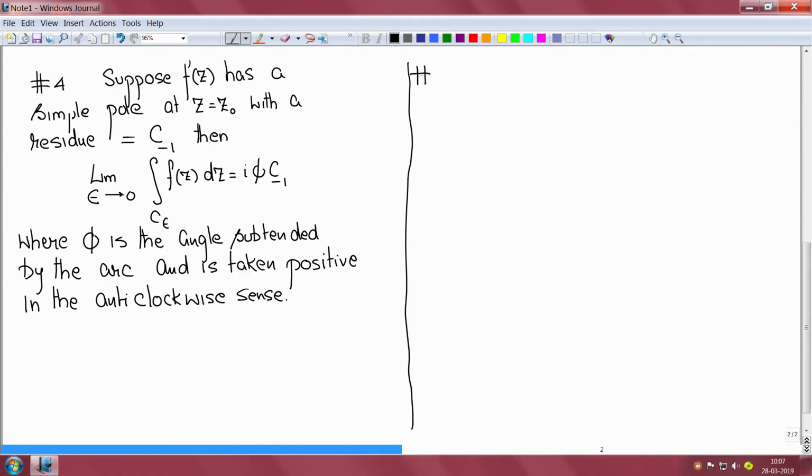So now let us continue with our examples on contour integration. This was probably example 3.